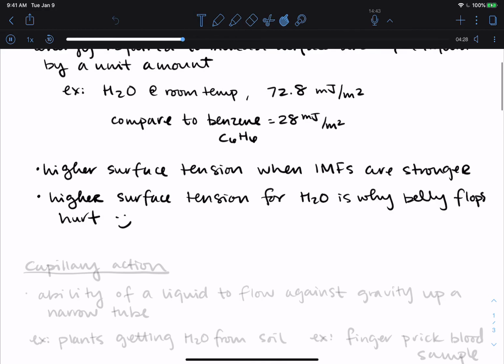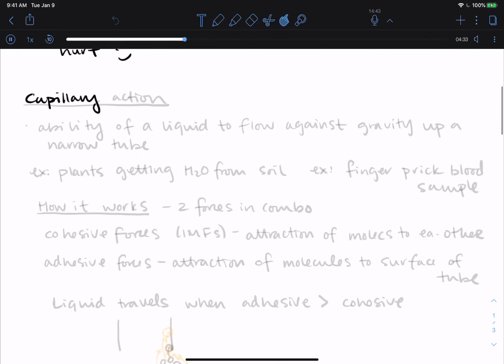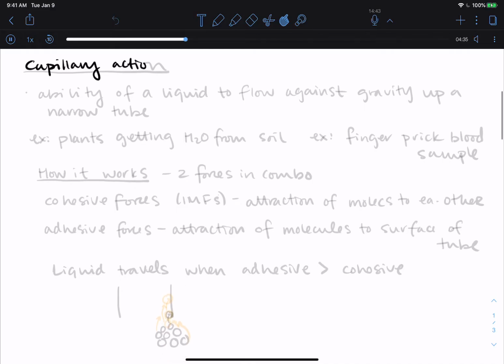All right. The next property is something called capillary action. And you've definitely observed capillary action. So by definition, capillary action is the ability of a liquid to flow against gravity up a narrow tube.